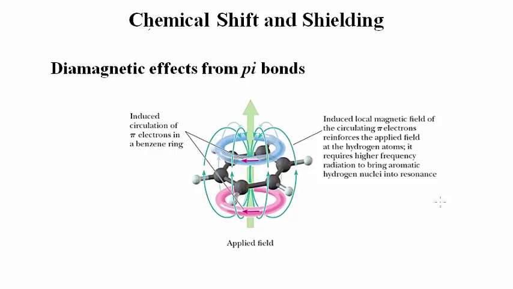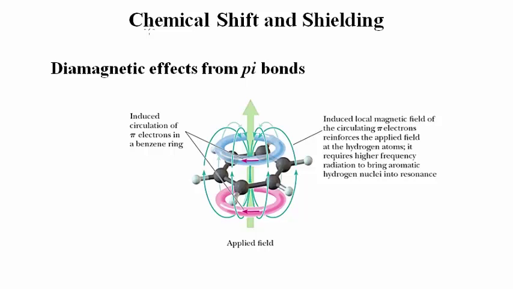Now the effects of the pi electrons in benzene or other aromatic molecules are even more dramatic than in the alkenes or alkynes. So the aryl hydrogens absorb even farther downfield than the vinylic hydrogens. And so, again, you can refer back to your correlation charts. This is accounted for by the existence of a ring current.